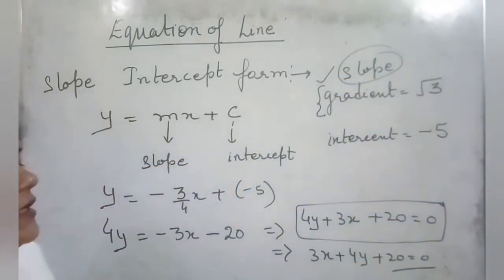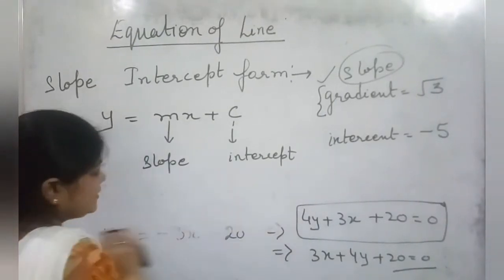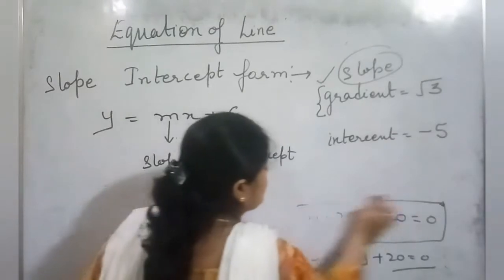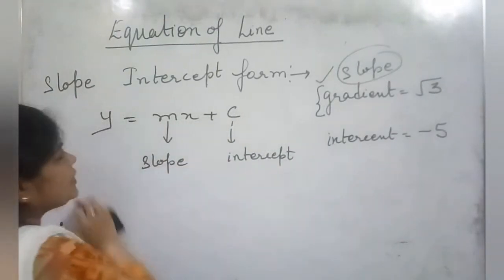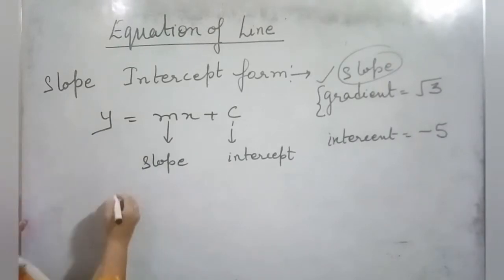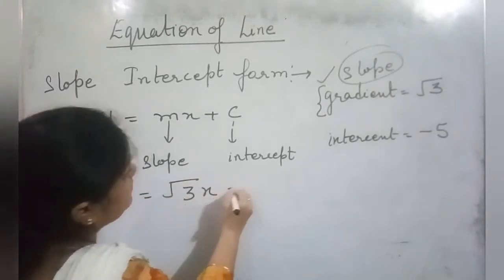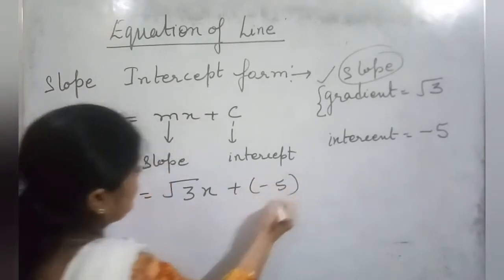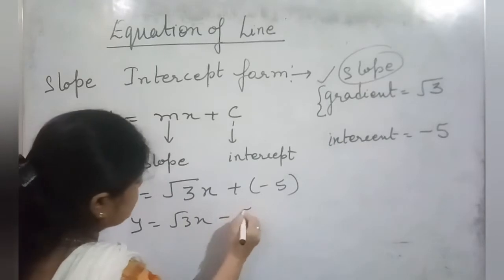There's nothing else in between them. In the same way as I did earlier, you can easily get the equation of the line by putting these two values in our equation, and we get y is equal to under root 3 x plus minus 5.